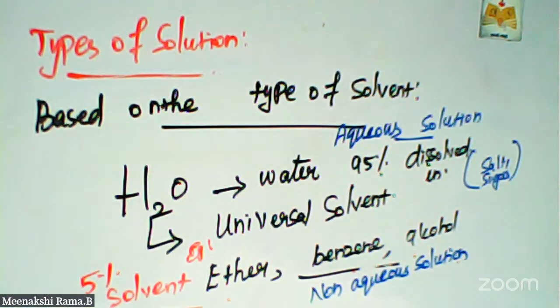Sulfur dissolved in carbon disulfide is an example of non-aqueous solution. A non-aqueous solution uses any liquid other than water, such as ether, benzene, alcohol, as the solvent.